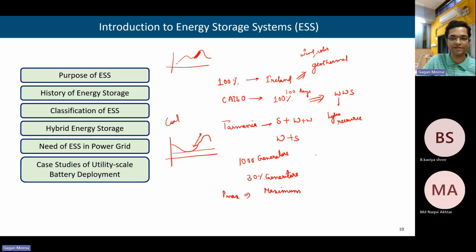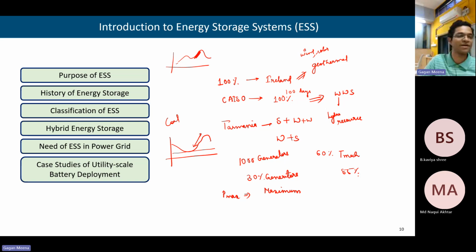And then the remaining are 60% generators. Those who will be on bar must be operating at their technical minimum, because they cannot run below technical minimum. In India, thermal generators' technical minimum is 55%.